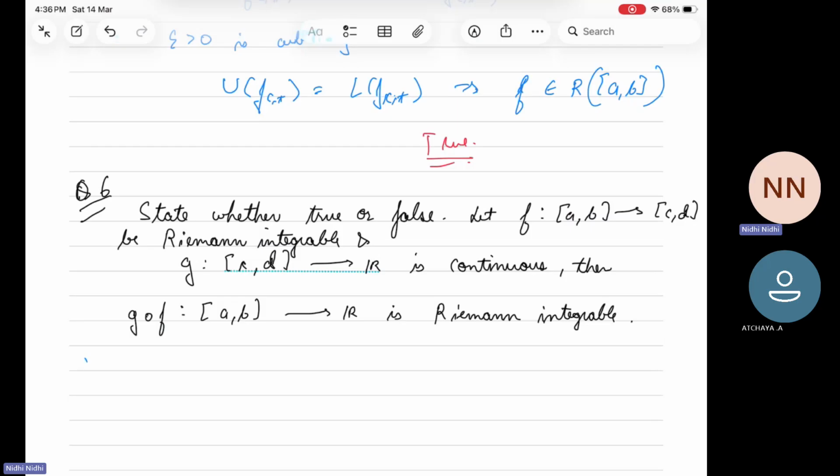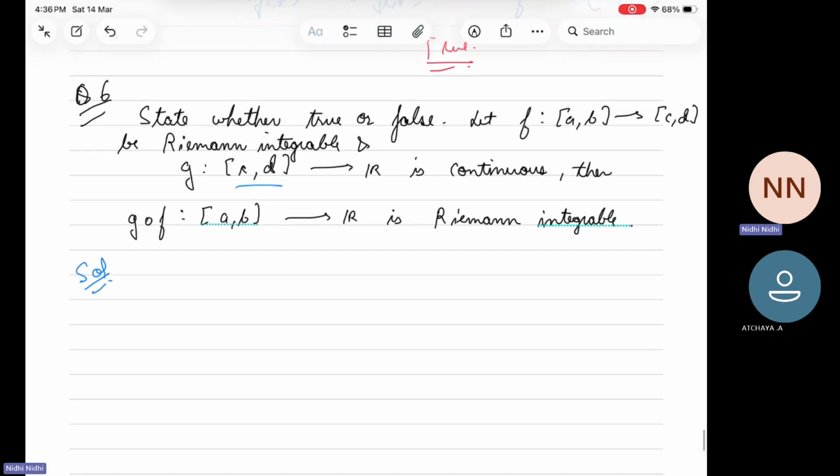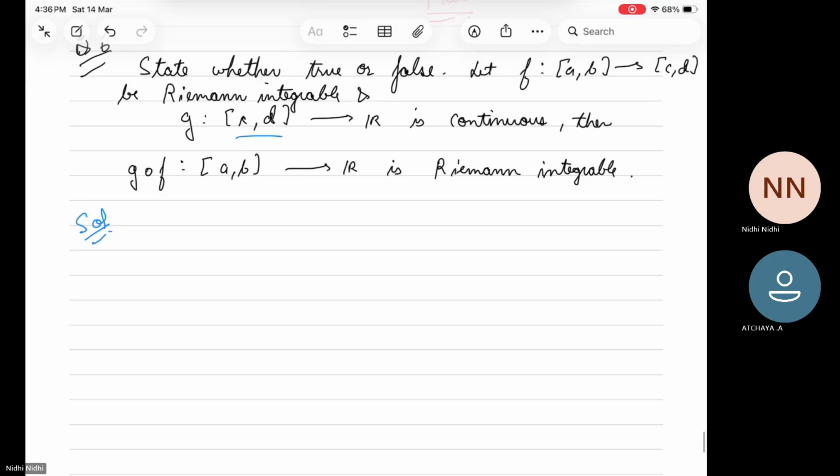So yes, this will be true, and in order to prove this, we will use the fact that this function g is continuous on a closed and bounded domain. So eventually it will be uniformly continuous and its range will be a closed and bounded interval as well. And using that uniform continuity of this function g, we will eventually get the Riemann integrability of the composition.